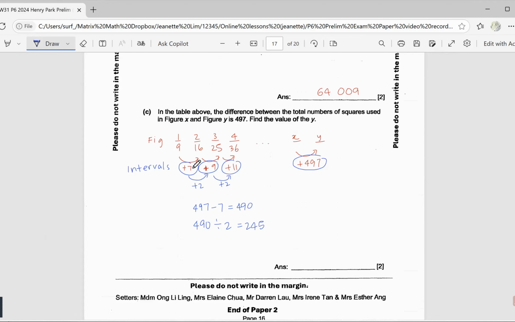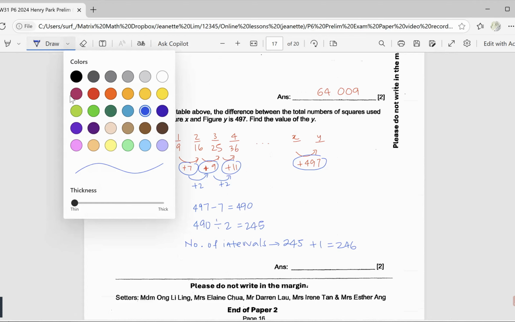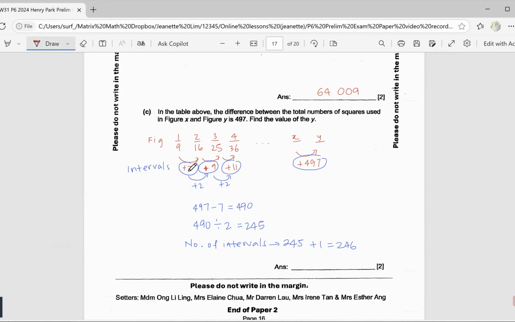Okay, 245 times of the plus 2. So to go back one step, how many intervals are there? We take 245, add 1. Okay, the number of intervals. So the intervals I circled, I'm referring to that. The number of intervals will be 245 plus 1. So the one in blue, there are 2, 4, 6 number.